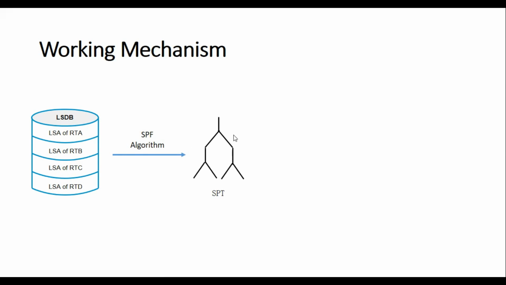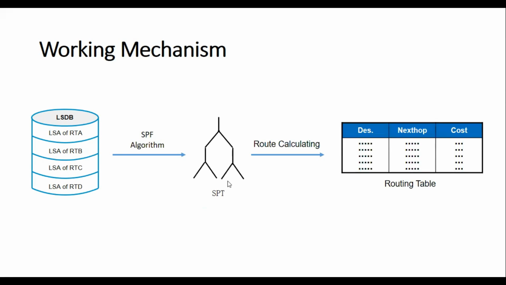The root of that shortest path tree will be router A, and it calculates the best route to various destinations. From the shortest path tree, it calculates the best path to destinations. And those paths are then installed in the routing table. And then we forward data depending on the information in the routing table.